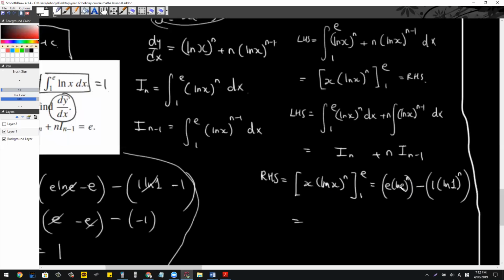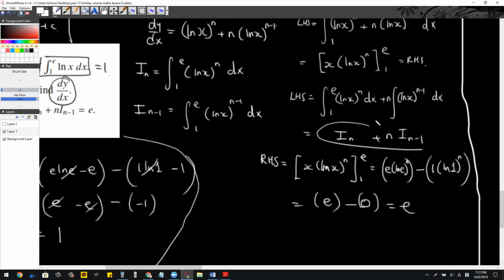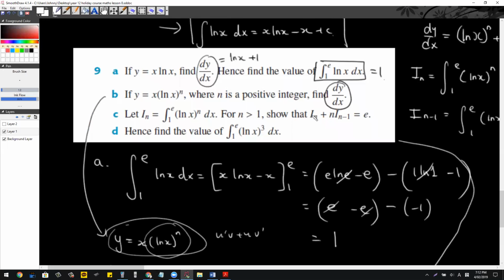But the thing is, ln e is 1, so this thing is just e, and this thing is just 0. So therefore, we prove that that is equal to this one. Okay, so I_n plus n I_(n-1) is e.